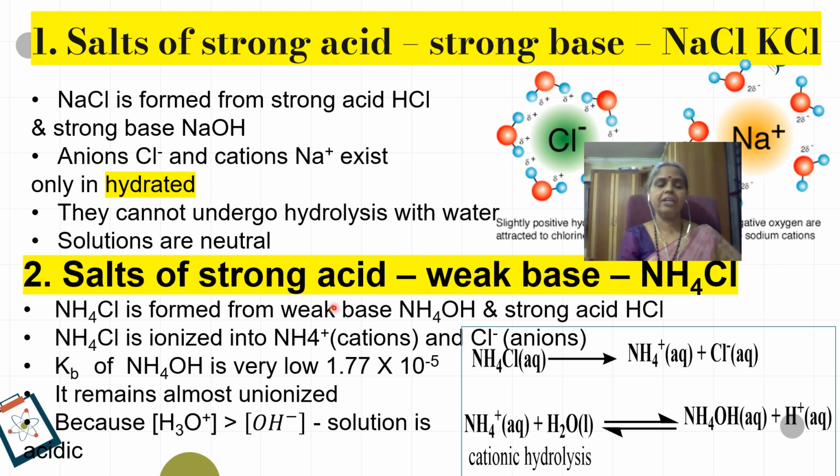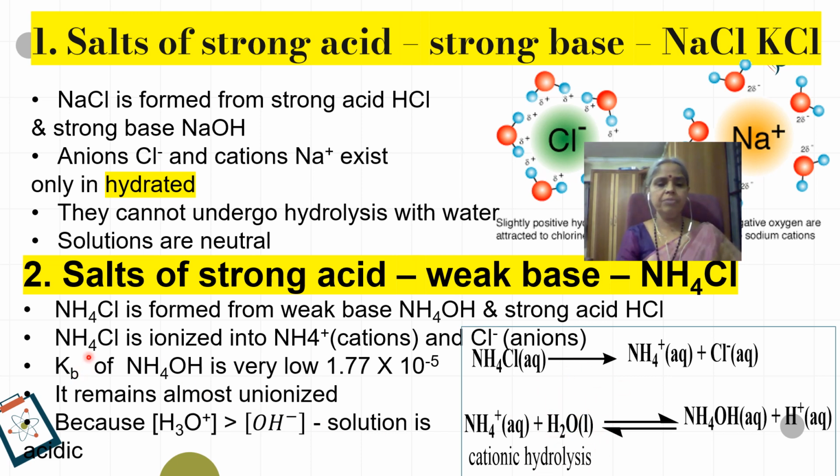Together they react and form ammonium chloride. So ammonium chloride when kept in water will ionize to form ammonium ions and chloride ions. Now ammonium ion will react with water and form ammonium hydroxide. You can see here ammonium will react with water. You can see here water is there.